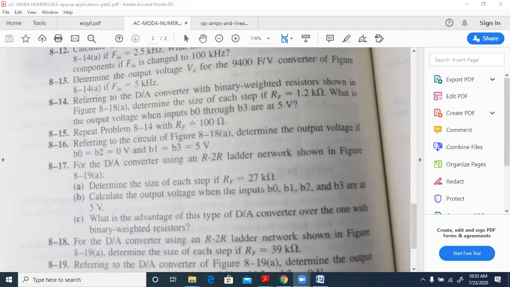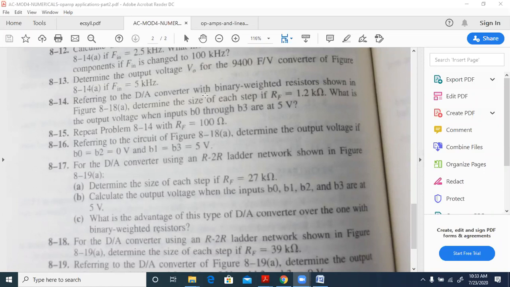So 5 divided by 10K multiplied by 100 will give you 0.05 volts, in place of 0.5. So 0.05 volts, right? That will be the value.